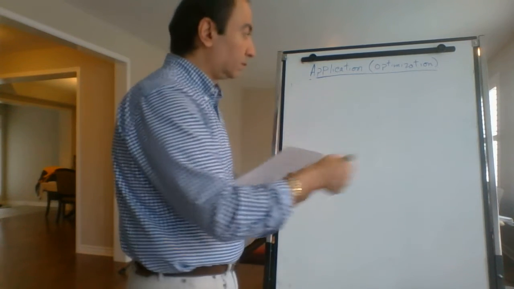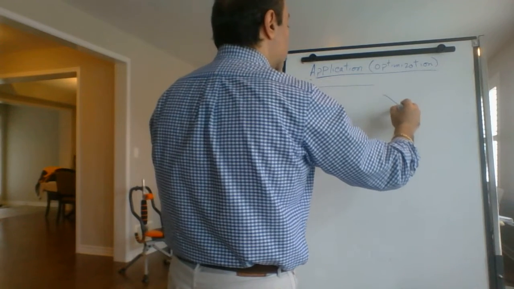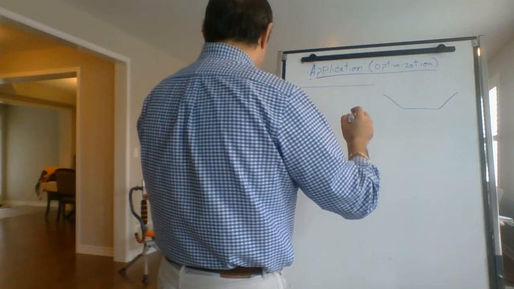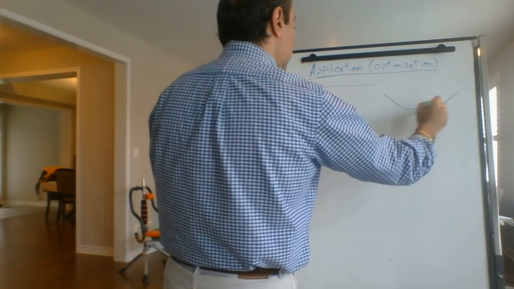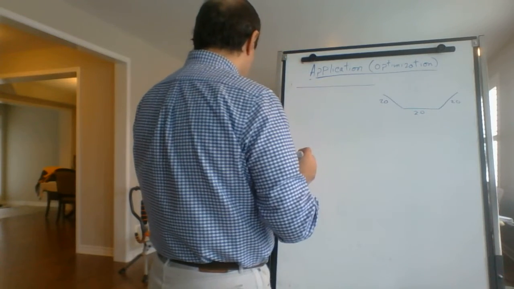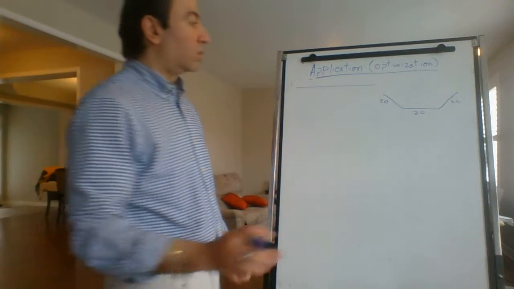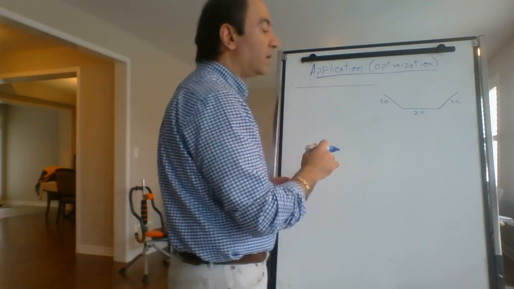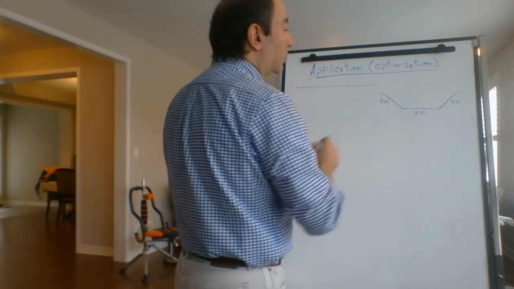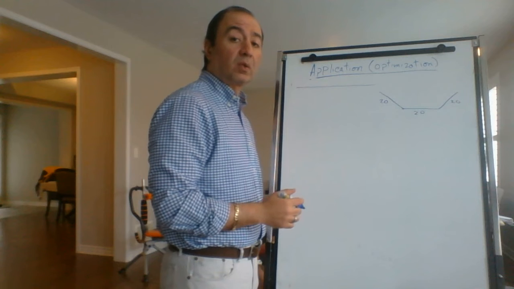So we have a sheet of metal, we bend it like this, 20, 20, 20, and you can bend it in many different ways, but we want the way that we can bend it so it can pass the maximum amount of water.